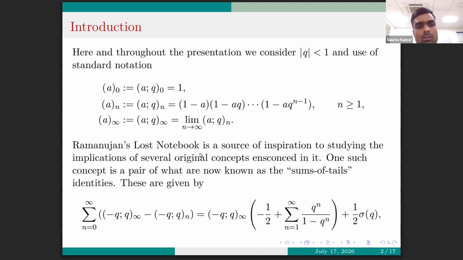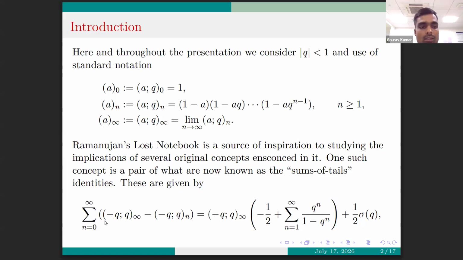Ramanujan's Lost Notebook has several original concepts, one of which is what is known as sums of tails identities. There were two identities that Ramanujan gave, one of which is this particular sum written at the bottom. Why are these described as sums of tails?